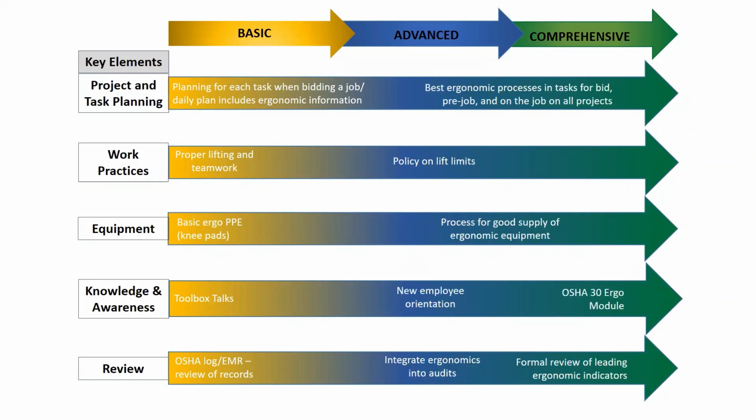As the company's ergonomics program develops and advances, a contractor will monitor planning from what was bid on the job for ergonomic equipment to what was actually used during the project. The program may expand to include policies such as lifting limits and requirements for how to lift loads of different weights manually or by mechanical means.